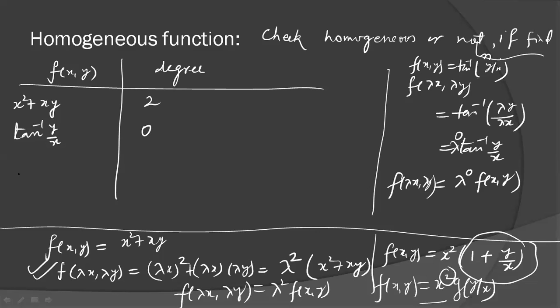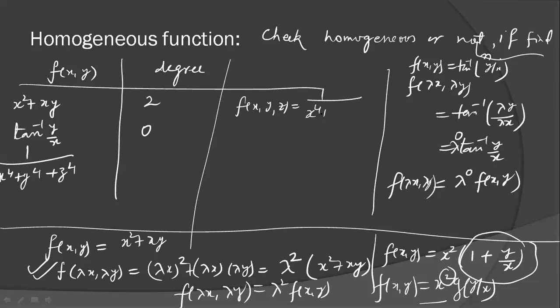If we have a function like 1 over x to the power 4 plus y to the power 4 plus z to the power 4, we can check for three variables also. So f of x, y, z I am taking as 1 over x to the power 4 plus y to the power 4 plus z to the power 4.